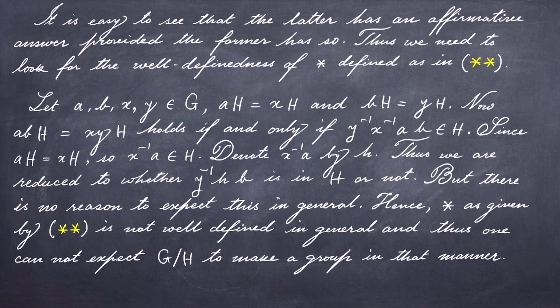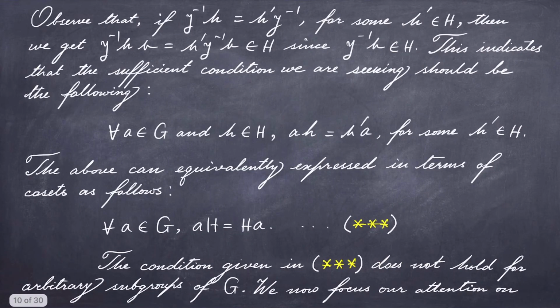So this might lead us to a further general collection, and even a much more careful thought will reveal that we don't even have to have that every element Y of G commutes with every element of H. Rather, what is enough for our purpose is if Y inverse h is some h' Y inverse.